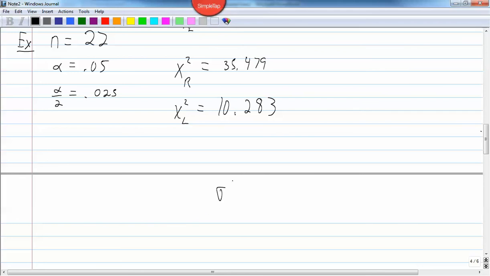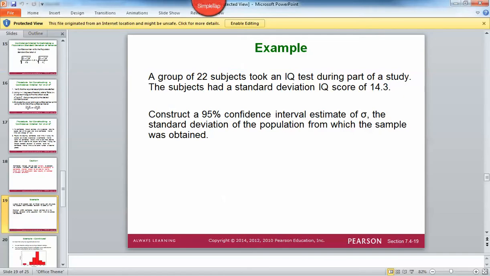standard deviation. Now the only new information we have is that the sample that we were looking at has a sample standard deviation of 14.3. Right? Okay.